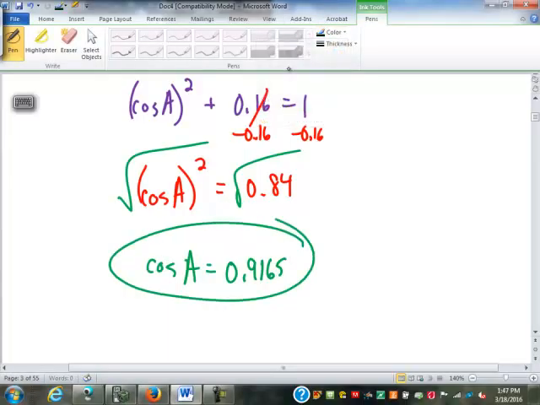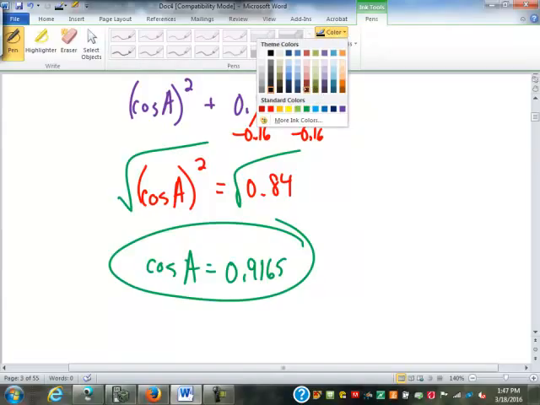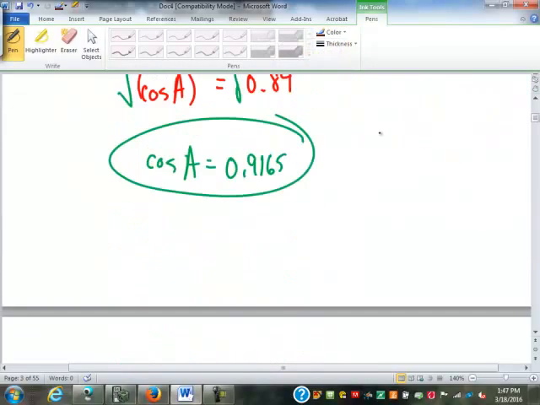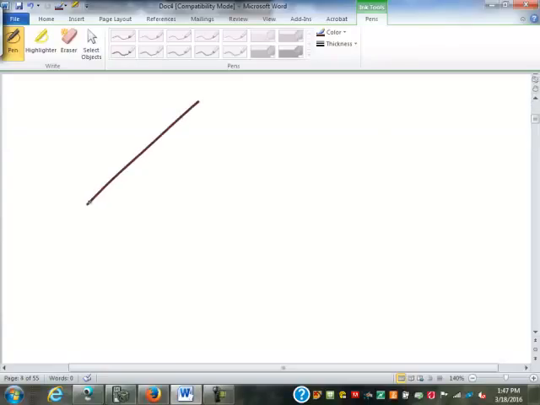So in this case, if we know one trig function, either the sine or cosine, we can find all of the others. What do I mean by all of the others? Well, let's look at another identity. We've already seen, of course, that secant is 1 over cosine and cosecant is 1 over sine. But let's look at tangent for a second.